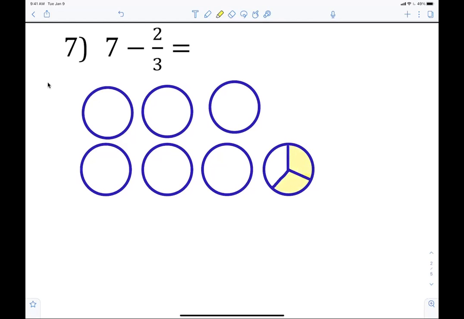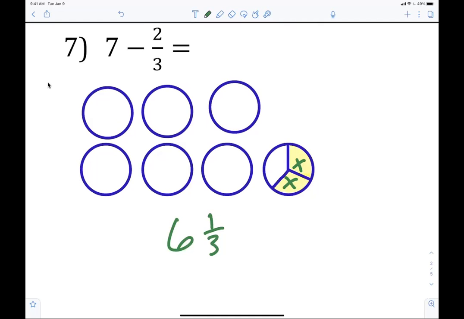That's how you're supposed to think of that. You're eating 2/3 of 1. So now you can say this slice is not there, this slice is not there. So how many pizzas are left? Whole pizzas. 6. And what fraction is left? 1/3. That's why the answer is 6 and 1/3.